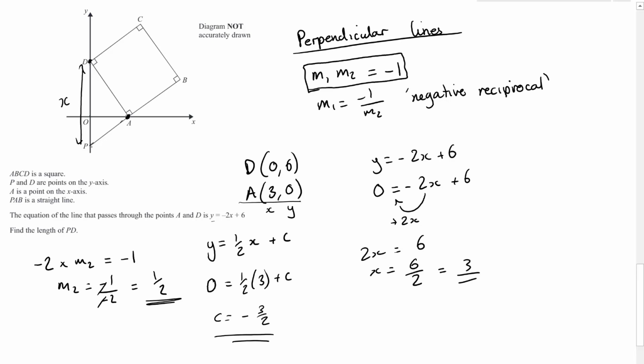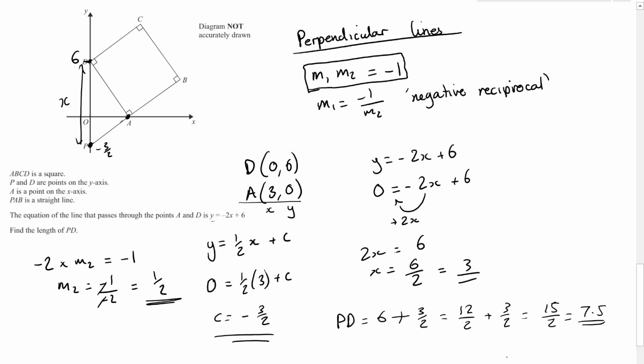Okay, so this point here therefore has to be -3 over 2, and we know D up here is actually +6. So the length PD is the difference between them, so PD is 6 minus -3 over 2, which basically just becomes a plus, and then 6 we could write as 12 over 2 plus 3 over 2, and that becomes 15 over 2, which is 7.5.